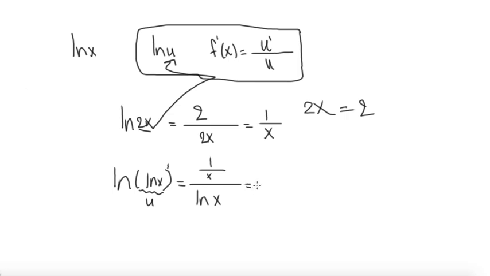So the result would be 1 over x ln x. So yeah, this is the derivative of ln x.